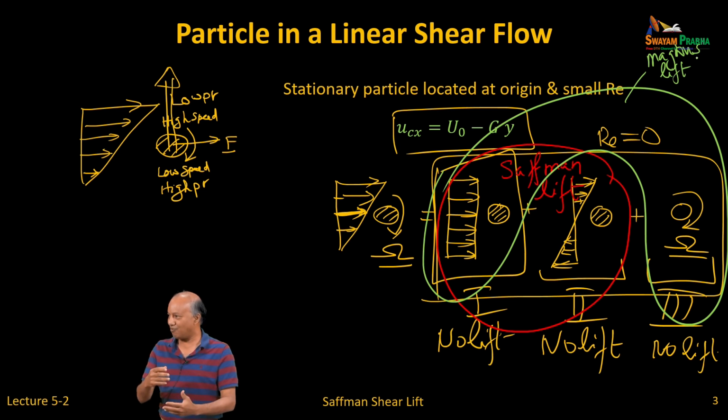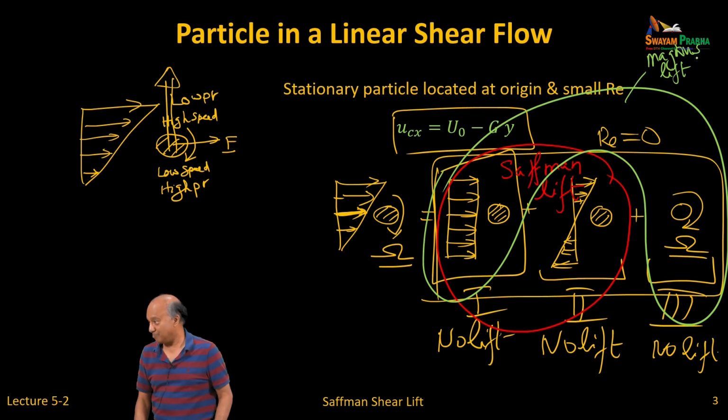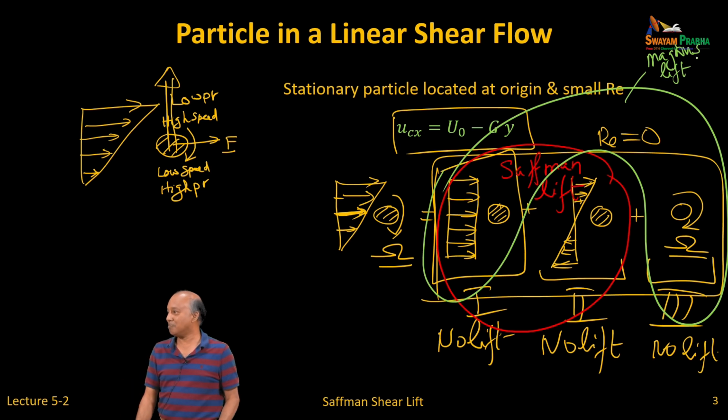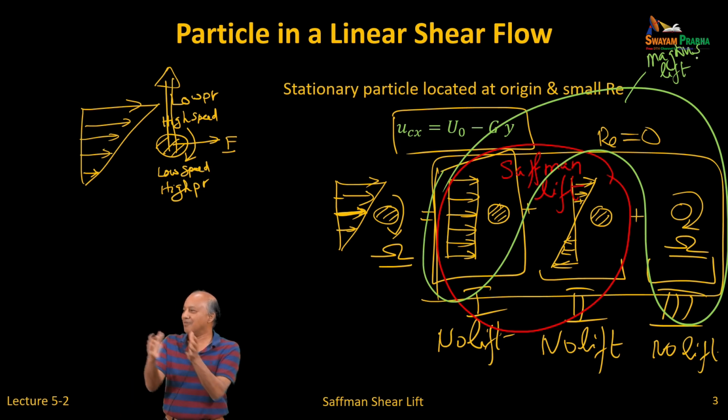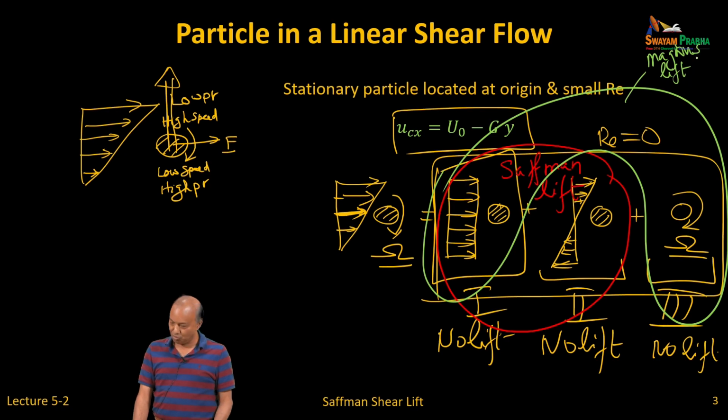So, there can be Magnus force, and they will change over time. So, problem is quite complicated. I am just trying to think of one at a time. Okay. I am just talking about this Stokes linear shear in the Stokes range, that is less than 1. Well, in the Stokes range, it will make the particle rotate, but there will be no lift.